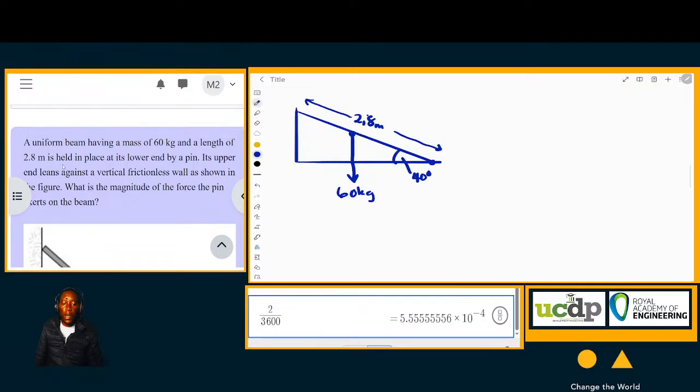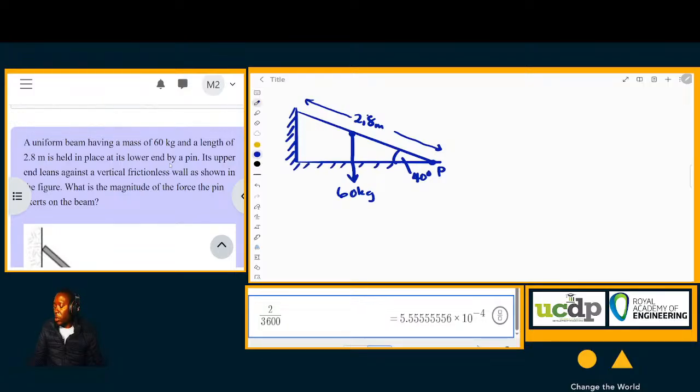So it's held in place at its lower end by a pin. So we've got a pin there at point P. And its upper end leans against a vertical frictionless wall. So this is our vertical wall. If it's frictionless, what does that tell you?